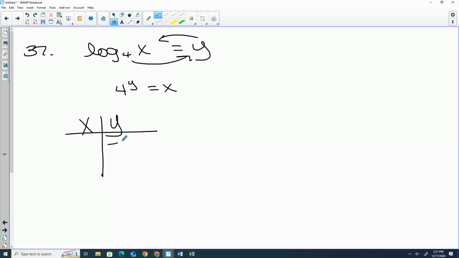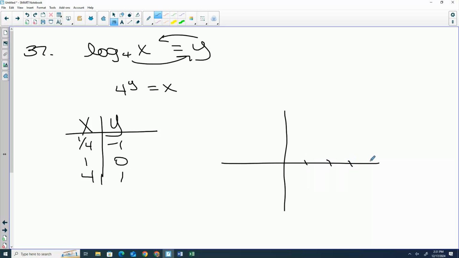The exponent is my y. So then my x, 4 to the -1 is 1/4. 4 to the 0 is 1. 4 to the first is 4. So 1/4, -1, 1, 0, 4, 1.